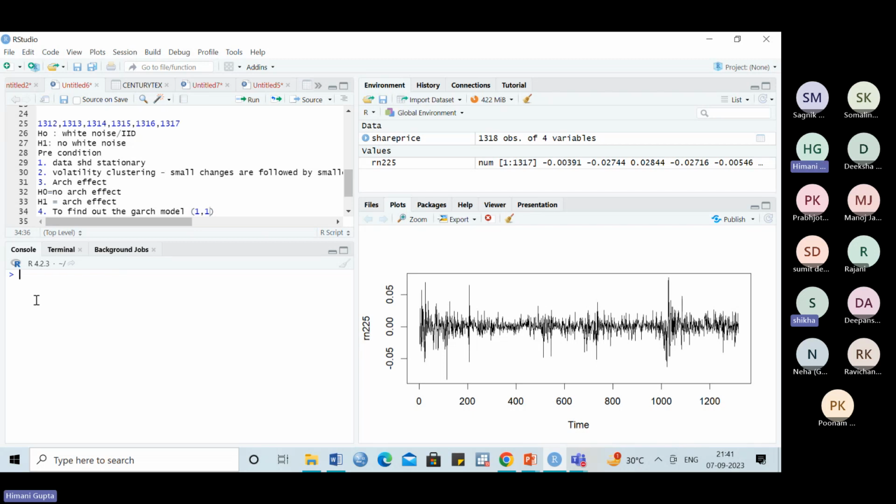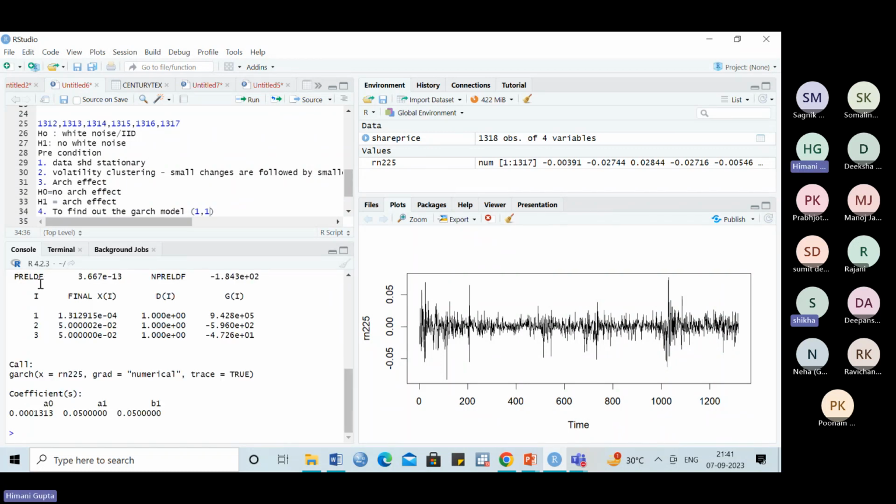Ma'am, can you repeat once again how we get 1-1, the interpretation of the GARCH model? Till now we have not covered the GARCH model. I've just told you. This is my command. I've just given garch and whichever variable you have to choose, and I'm saying numerical, trace true.